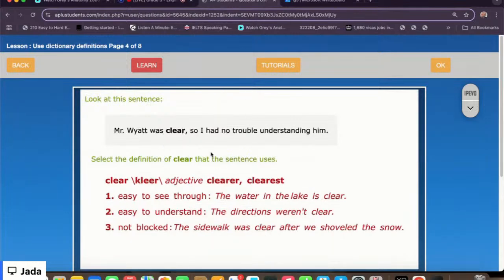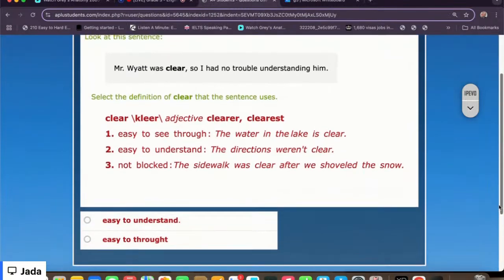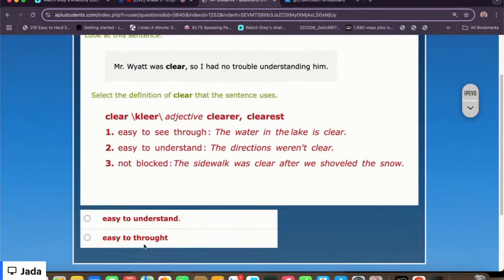Mr. White was clear, so I had no trouble understanding him. So, what's the meaning of clear here? Easy to understand or easy to chart? So, which of them?